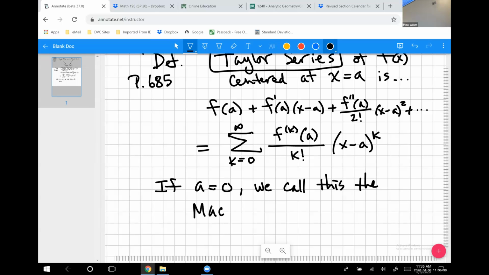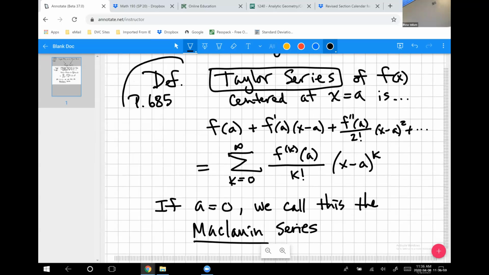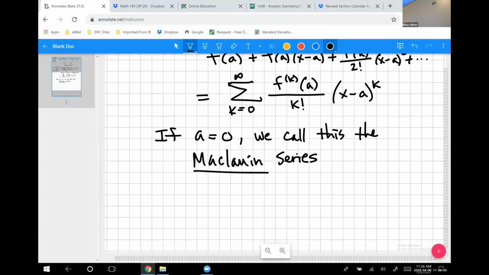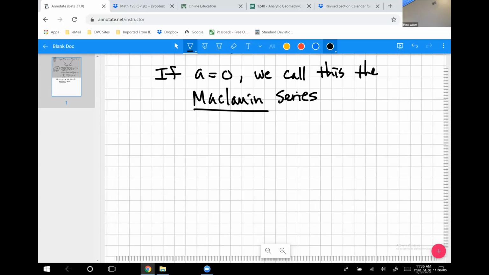So again, it's just somebody's name. So the Maclaurin series is just the Taylor series centered at 0. And this is in the definition box on page 685. But let's remind ourselves what this looks like. Let's do an example.